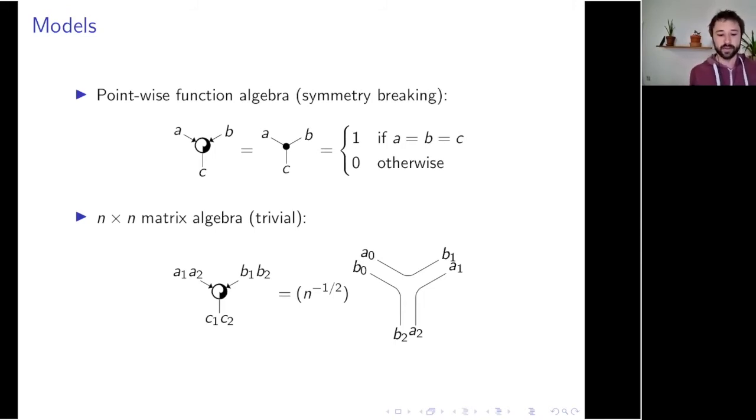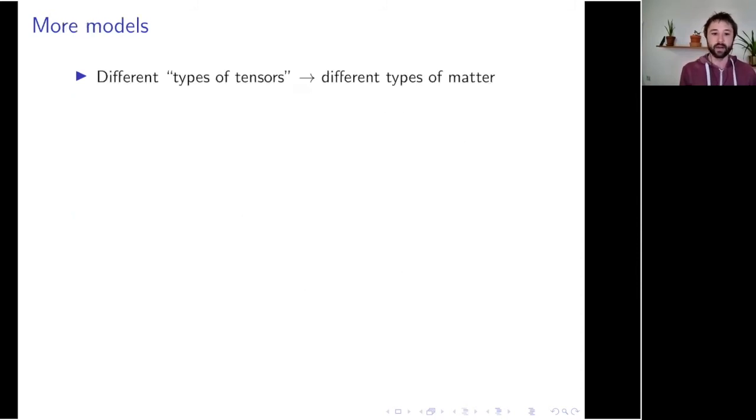I just have to change my interpretation of the Penrose notation, which means I have to associate a different meaning to what the tensors are, what the contraction is, and what the tensor product means. But this meaning still has to be consistent with the graphical calculus. And I will call such a different meaning of the graphical calculus a tensor type, and those different tensor types formalize different types of matter.